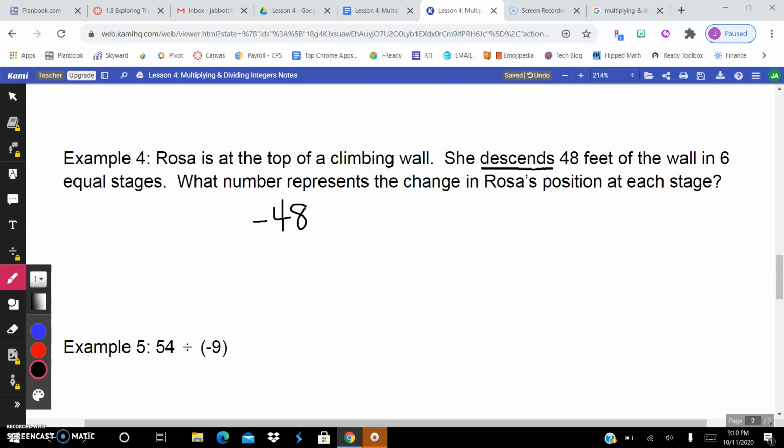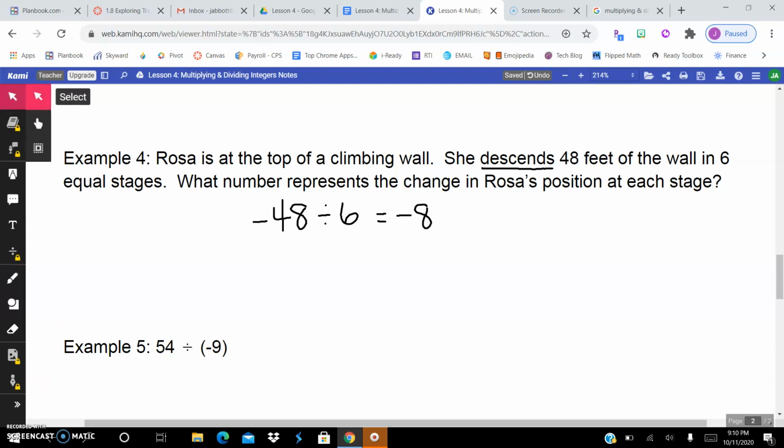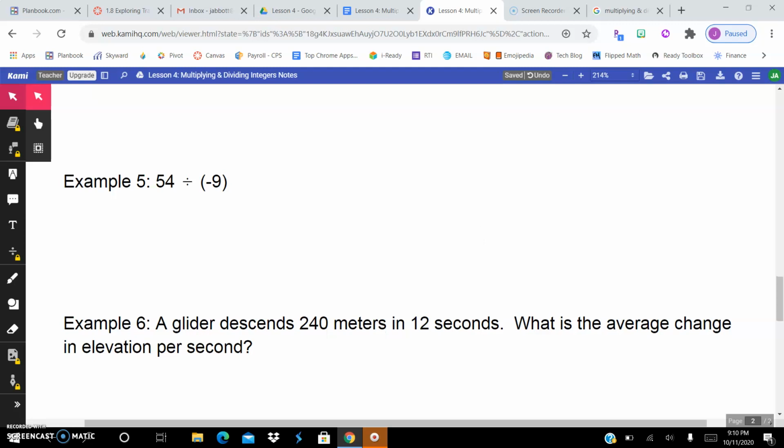And we're going to do this in 6 equal stages, and they want to know each stage distance. So we're going to have to divide by 6. And 48 divided by 6 would be 8. And a negative divided by a positive is a negative. So after each stage, she went down 8 feet.